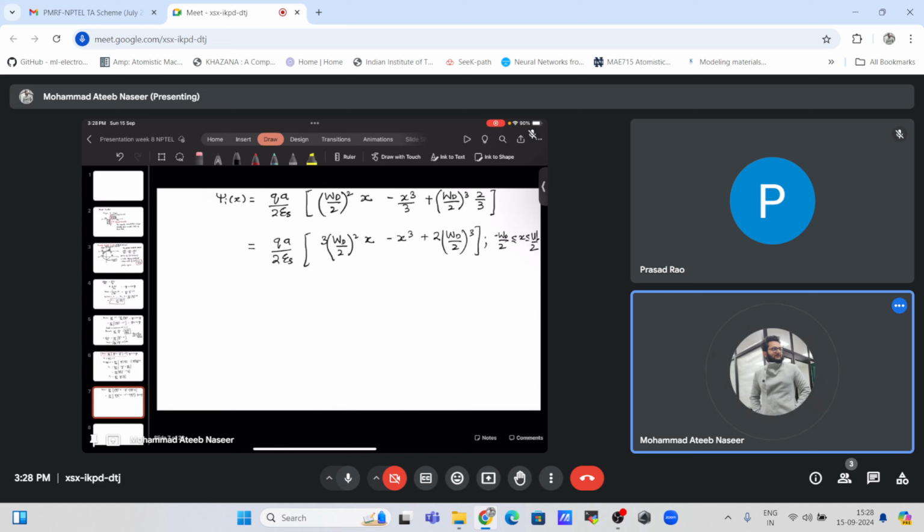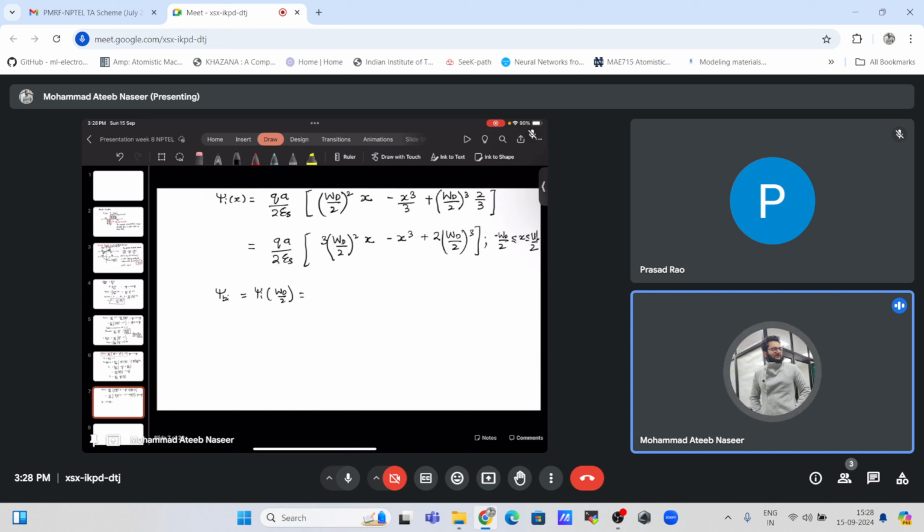Now from this we can also calculate the built-in potential. We have taken minus WD by 2 as the reference, so the built-in potential will simply be psi of x at WD by 2.